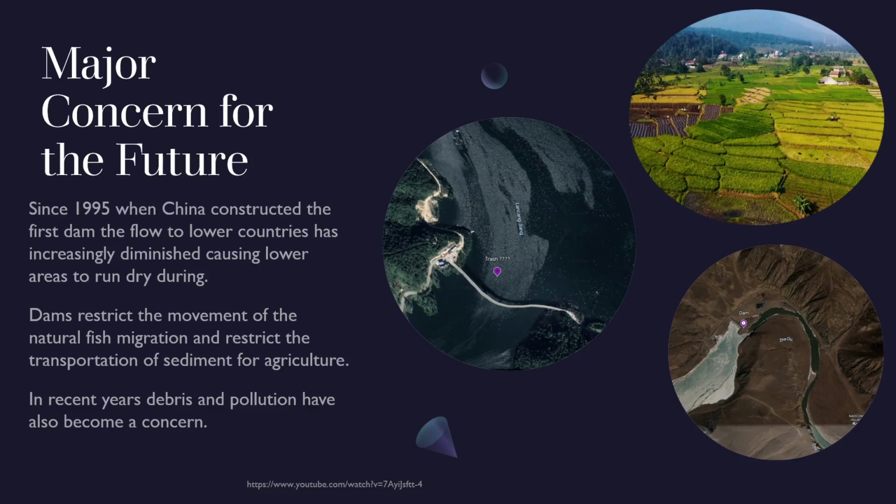The natural migration of the fish is not able to reach down as far. So they're running into a lot of issues. And as the countries build and plan to build more dams on these rivers, this is a concern for the future.